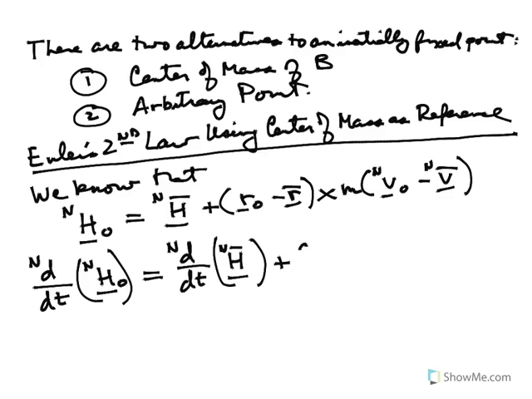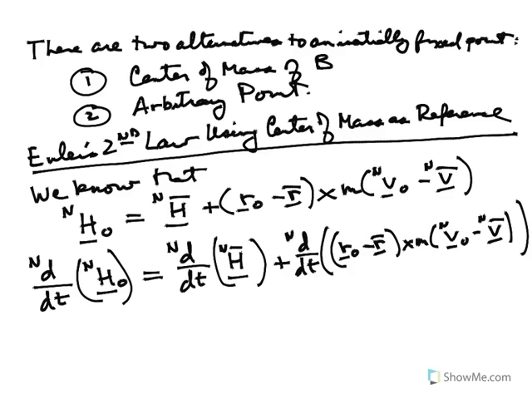So we can write this out if you want to. d dt in N of Rho minus R bar crossed with M times VO in N minus V bar in N, right? But this is equal to the rate of change in N of H bar in N plus, now if I take the rate of change, I've got a product. So the first term in the product gives me VO minus V bar crossed with M times VO minus V bar, but that's equal to 0.